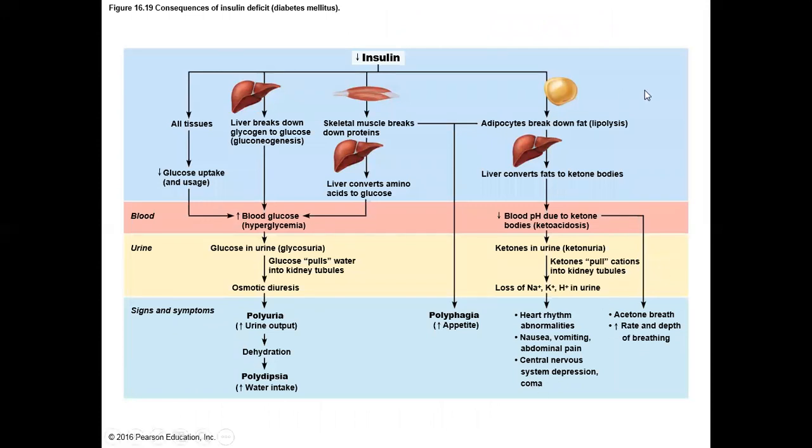Type 2 diabetes, I'll just explain it to people. Remember, adipocytes have the ability to release hormones. And leptin is one of those hormones that is released by adipocytes, so by fat cells.